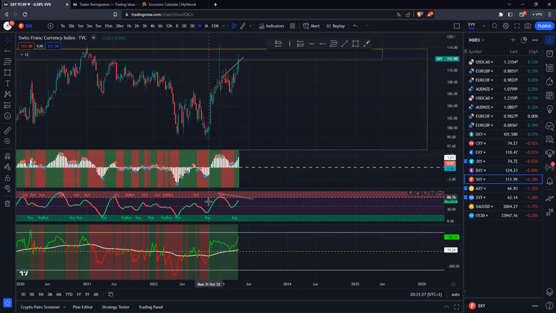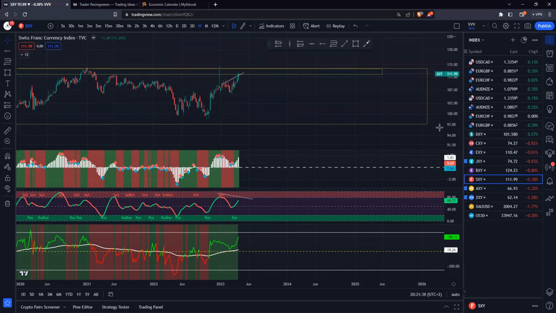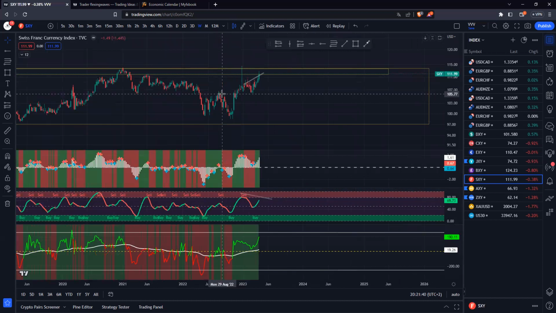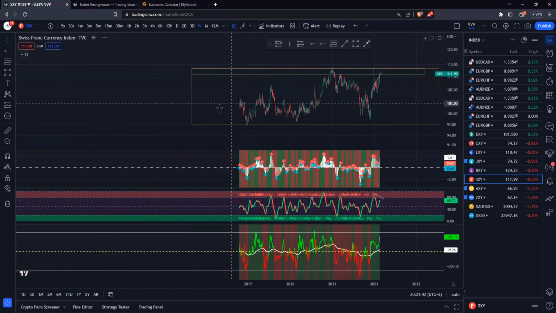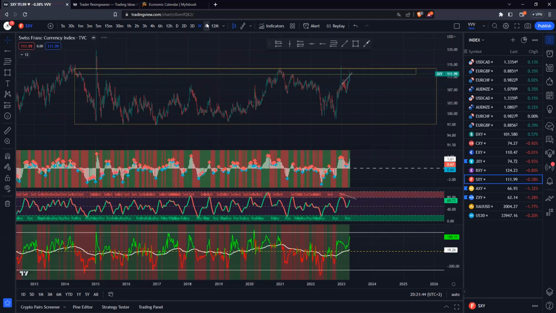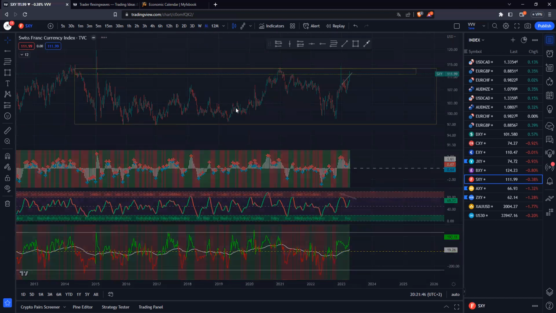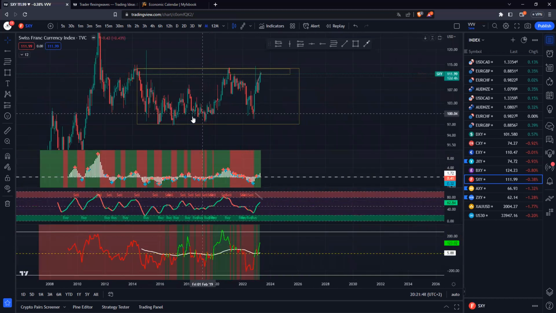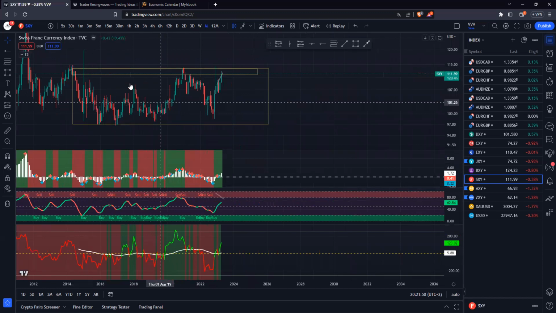What we see on weekly basis is also forming divergence, same as we saw on the DXY and on the AXY. Okay, so I want to see this one kicking in. This is also from a zone. I think this was drawn on the monthly basis. Yes, this was drawn on the monthly basis.